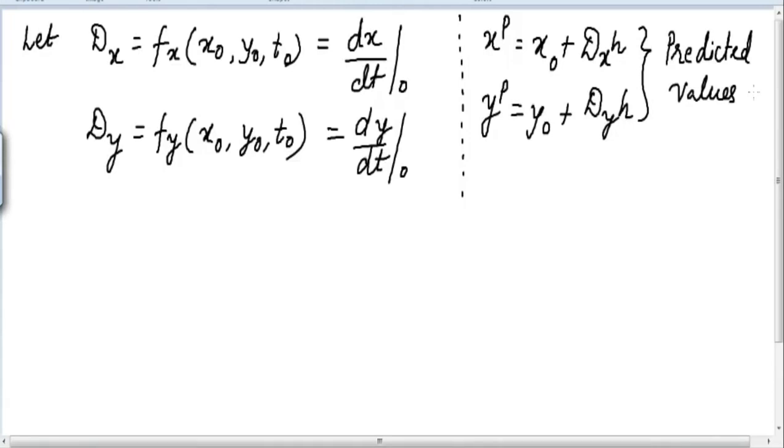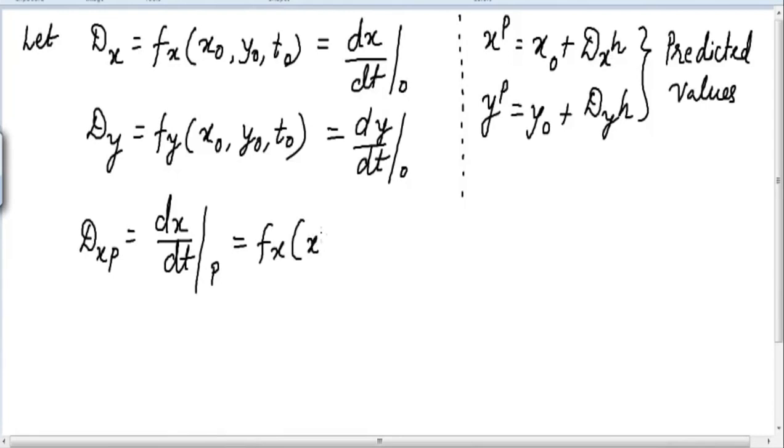Now with the prediction, what we can write, let us see. dx predicted is equal to dx by dt predicted, that is equal to fx of predicted value of x, predicted value of y, and suppose t1.